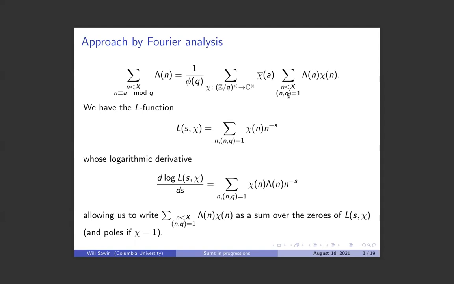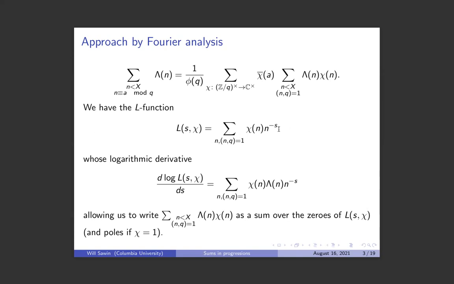And to make this work, we have to twist the average by the conjugate character evaluated at a, and then by the Fourier inversion formula, by orthogonality of characters, our original sum will equal this average of these character sums. And so our main task is to evaluate these character sums.